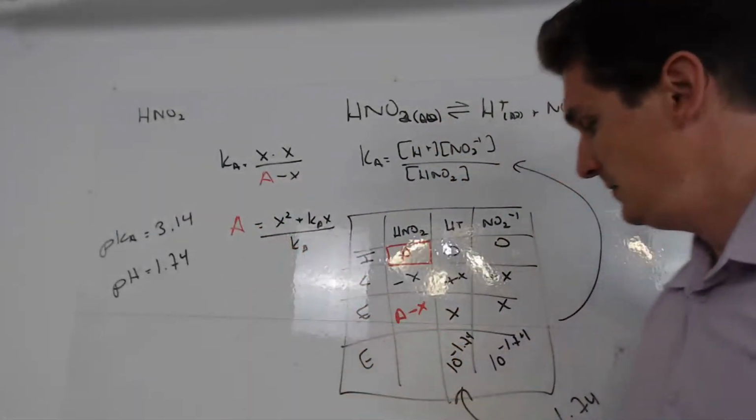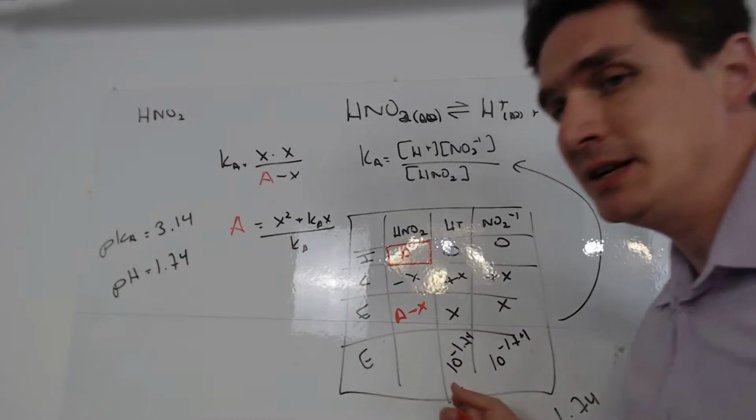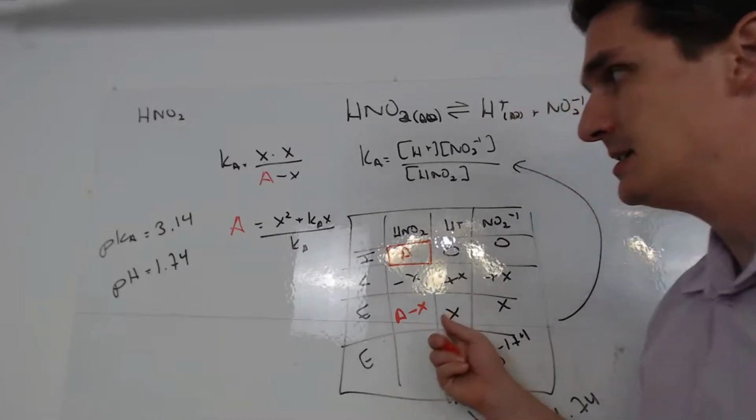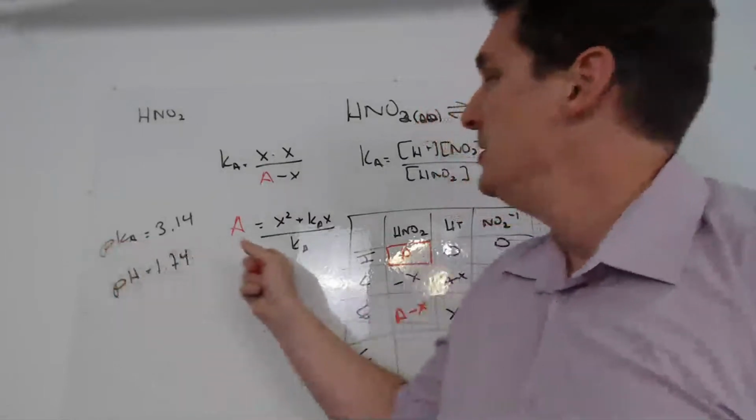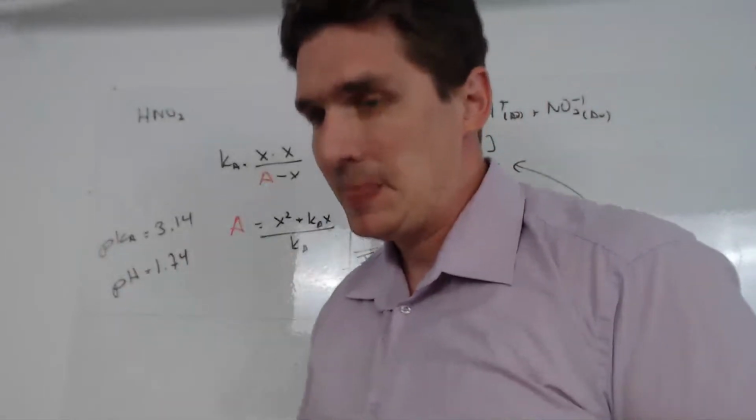We know X from the pH, because the pH connects us to the H plus concentration, which connects us to X. We know the Ka because it's given to us in terms of pKa. So all we have to do is plug in and solve.